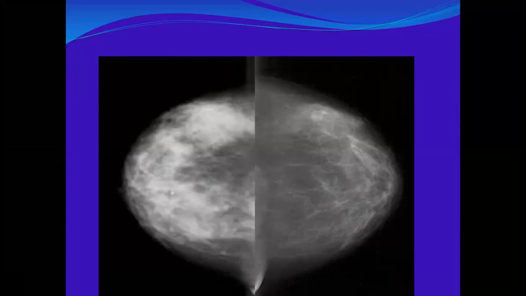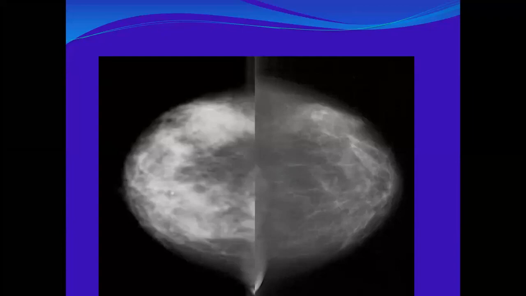You will proceed for ultrasound, but I don't agree with you on one point. This CC view, is it an optimum mammography? Not optimum. In terms of what?